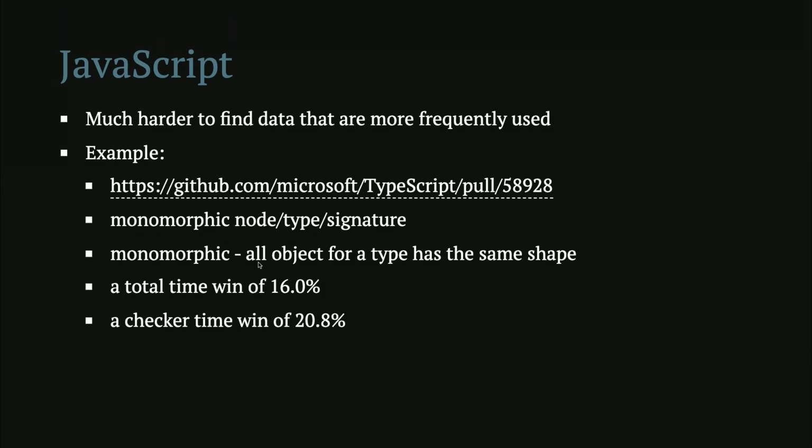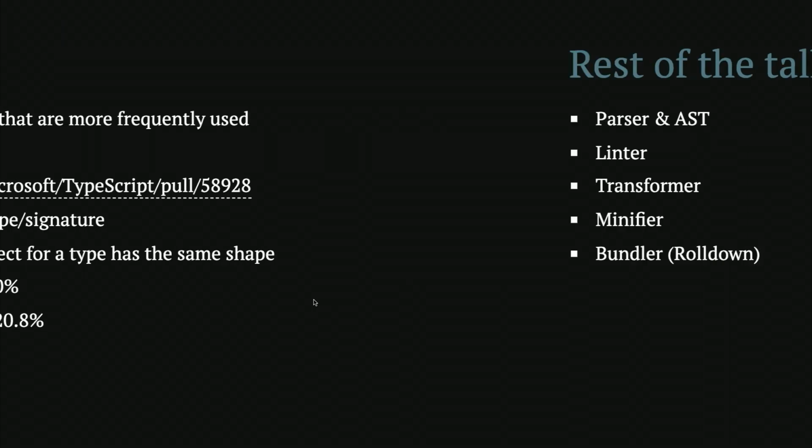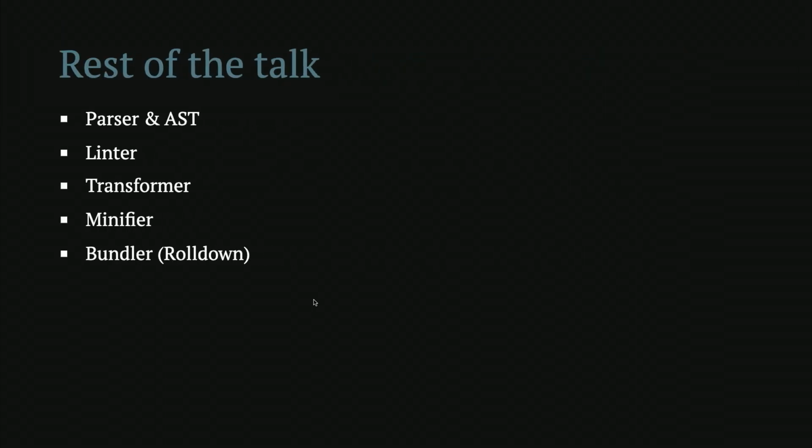What it means is in JavaScript, if you make all objects for a type with the same shape, so no dynamic access, all your access is equal, then the runtime engine will optimize for memory usage, and they made a total performance improvement of 6%. But this PR has been going for a year, and it hasn't been merged because making sure everything is correct is really hard.